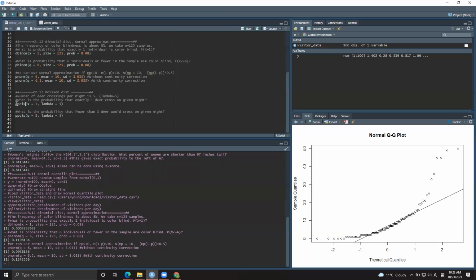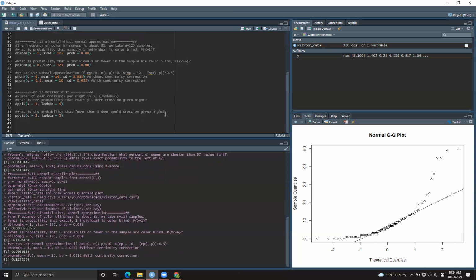So again, this d will give you the exact probability, and this pois stands for Poisson distribution. So we want the probability of exactly one deer, so X equals 1, and you need to specify how many deer crossings per night, which is the rate of occurrence, which is 5. What is the probability that fewer than 3 deer would cross on a given night?